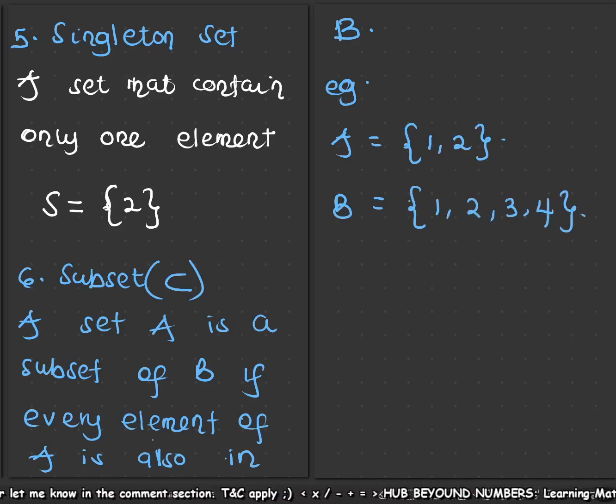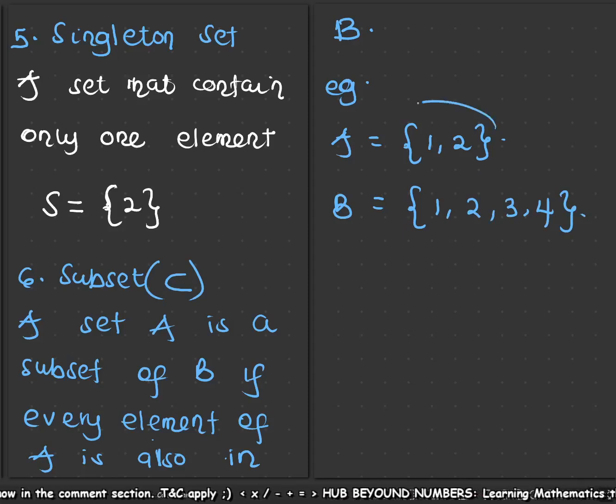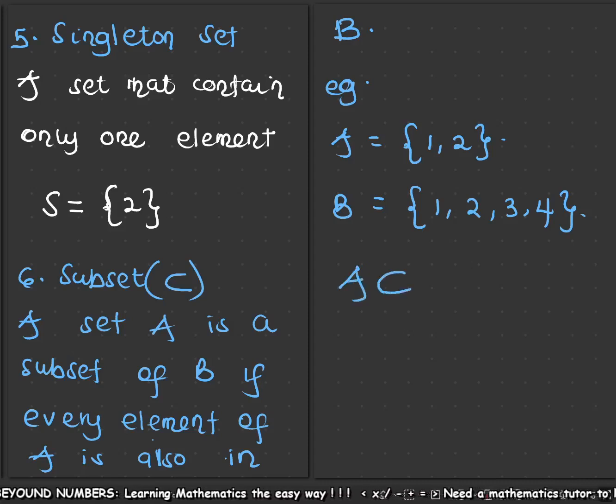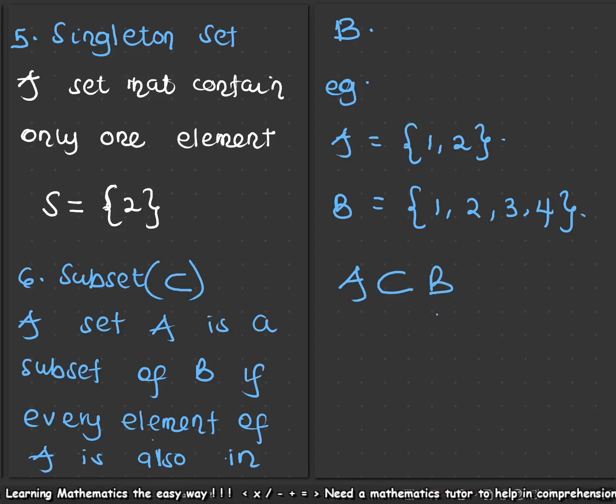Now, if you look at these two sets carefully, all the elements in A are in B. So we say A is a subset of B. And we write it as A is a subset of B. You get it? So A is inside of B. This is how it is denoted.